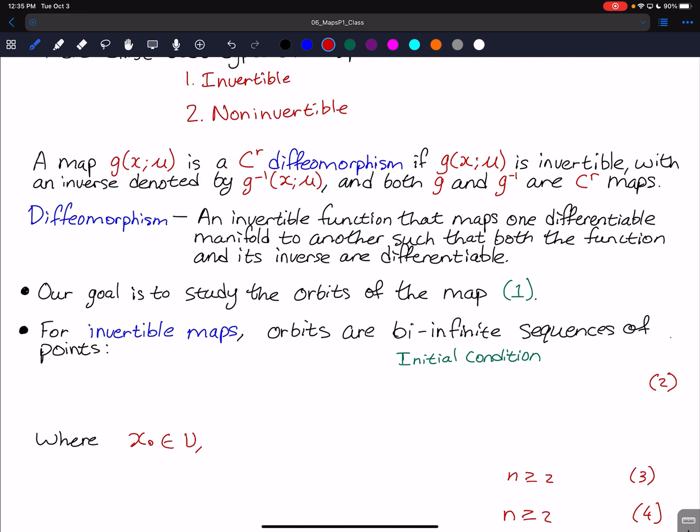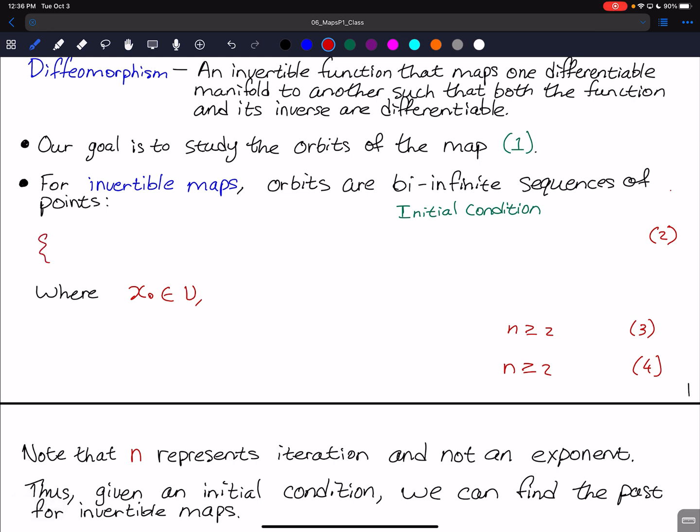Okay, so for an invertible map, orbits are going to be bi-infinite sequences of points, and we're going to write out what this sequence will be. So we're thinking about, since it's invertible, we can go both forwards and backwards in time. So over here, we're going to have g to the minus n of x0, mu, where here x0 is our initial condition, dot dot dot. Then we'll have g inverse x0 mu, comma x0, and that's our initial condition right there.